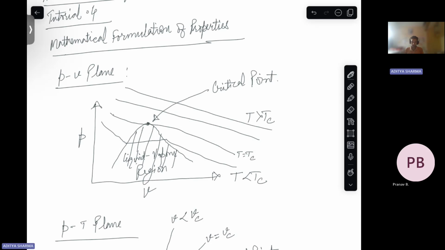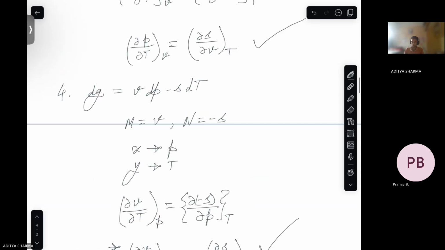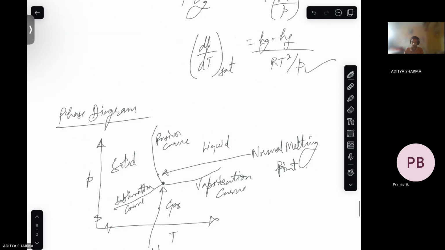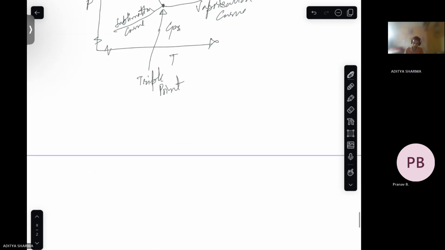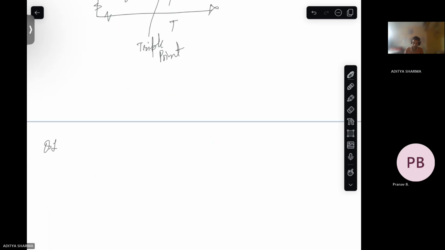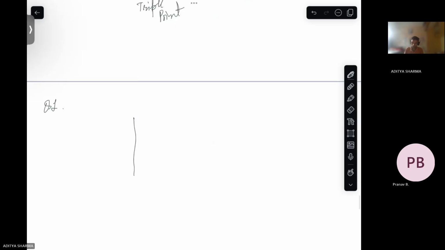For these isotherms, if we see the slopes, so we know how the slopes work, right? So if you have a line like this, it will be a positive slope.